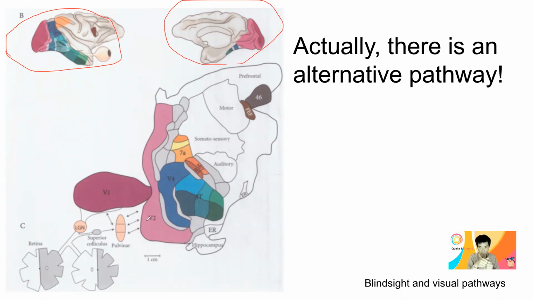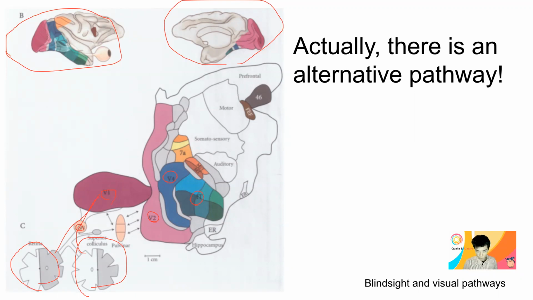If you unfold the folding of the monkey cortex, you see that the axons are connected from retina to LGN, and then V1, like this, and then connected to V2, V4, and IT, and so on. Okay.